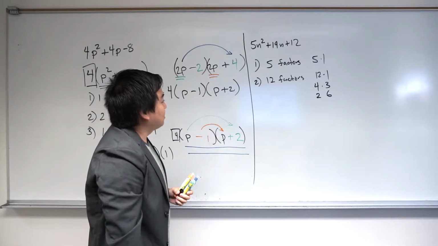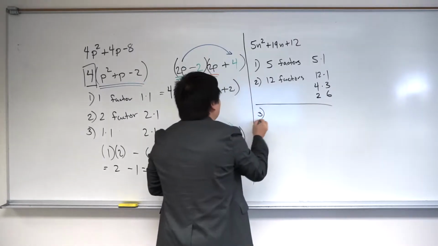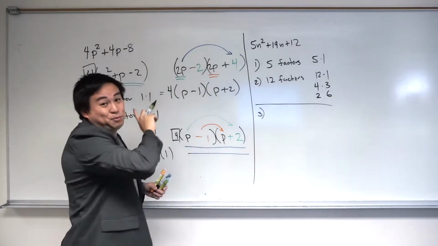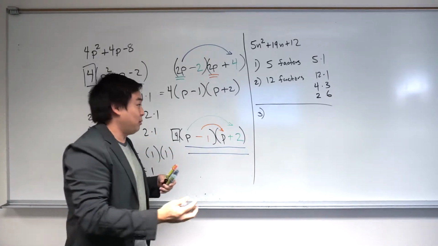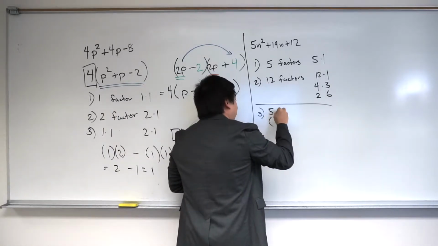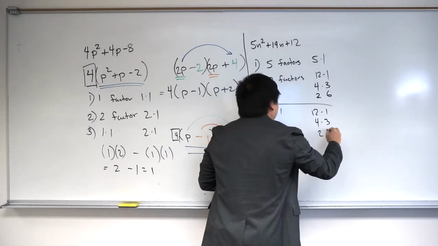And number 3 now says to take all the possible combinations of those. So it ends up being a fairly large problem. But again, 5 and 1, 12 and 1, 4 and 3, 2 and 6.